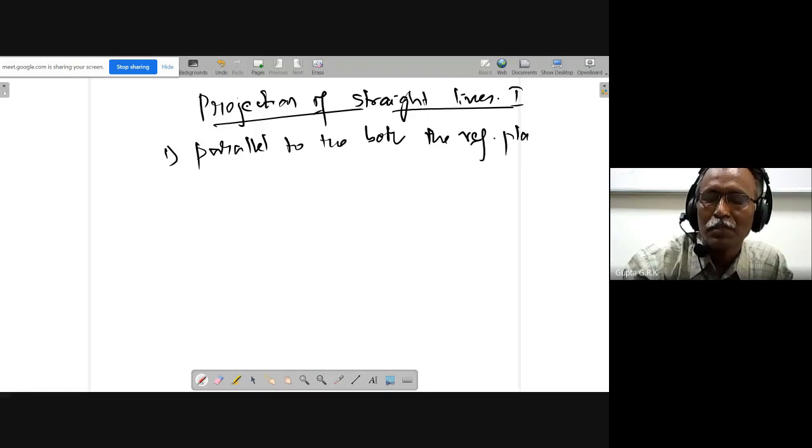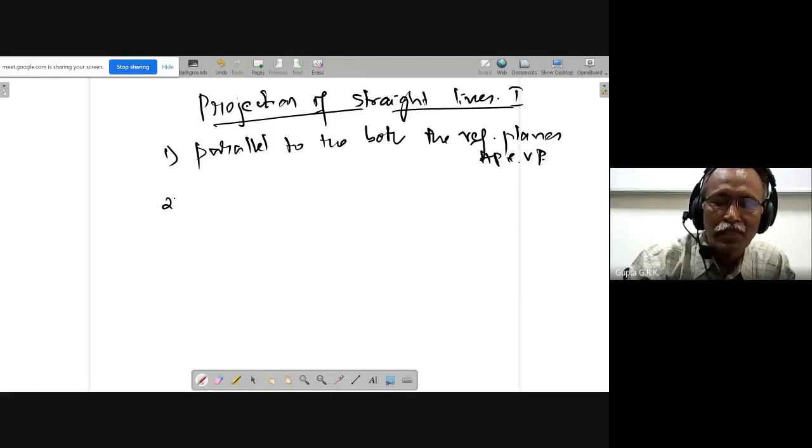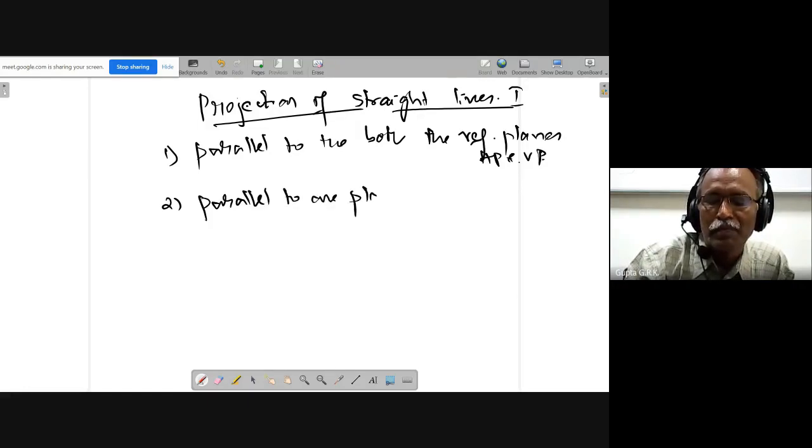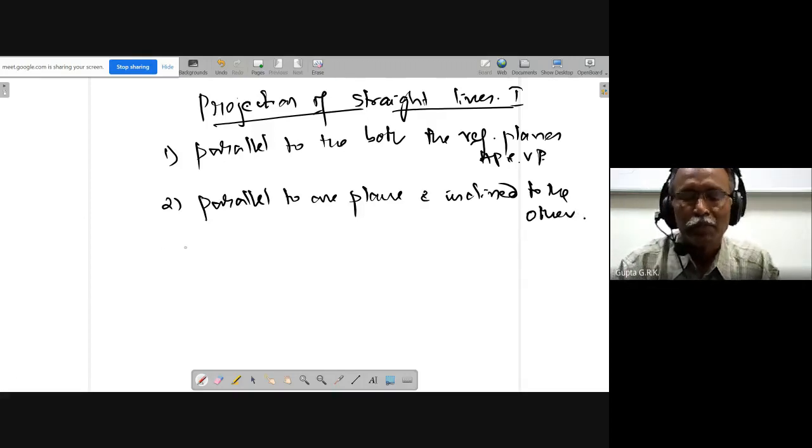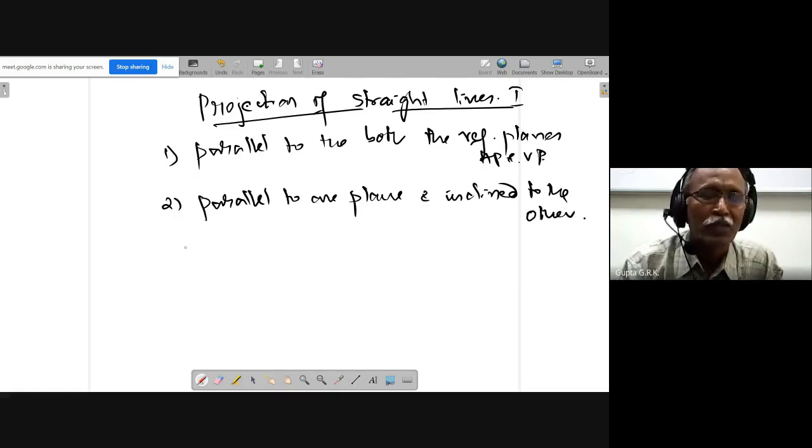Both the reference planes, means HP and VP. And the second one is parallel to one plane and inclined to the other. Okay, here they will say another one also, parallel to one plane and perpendicular to another plane.